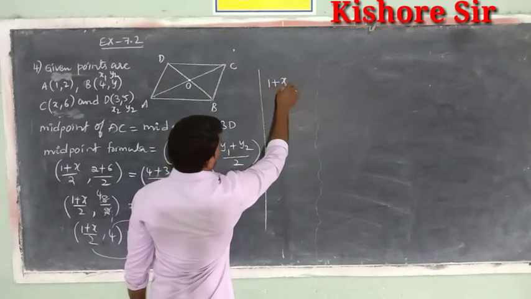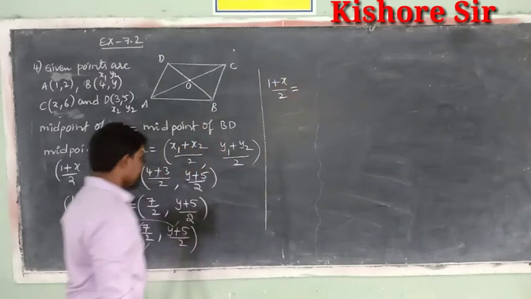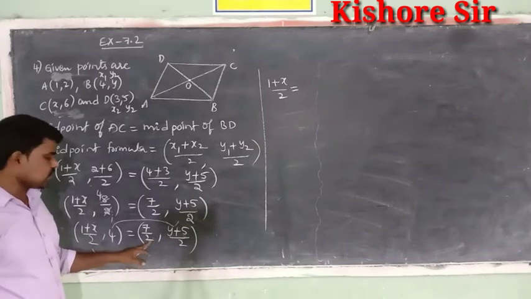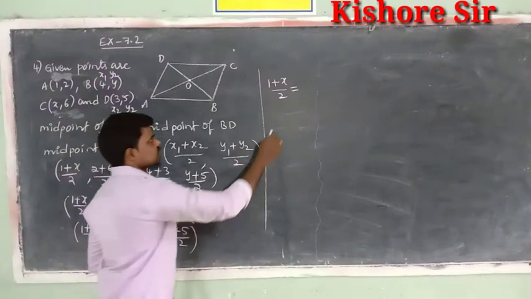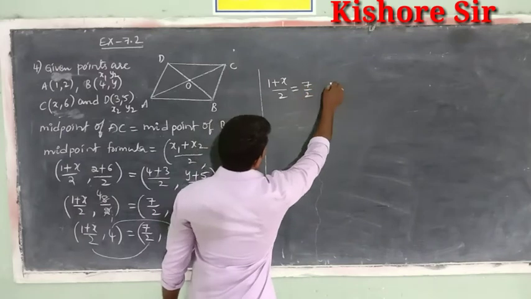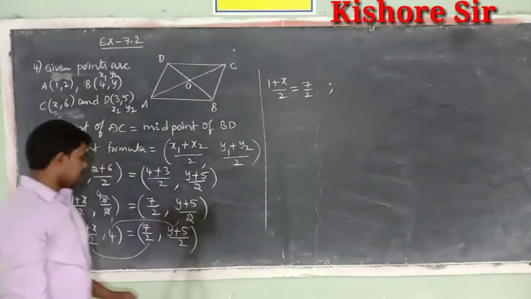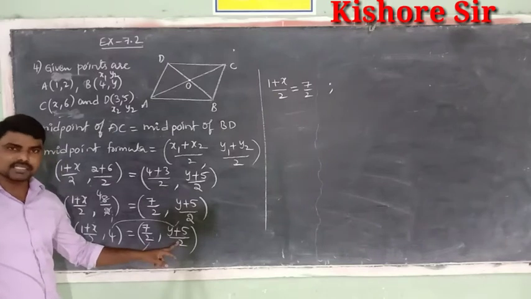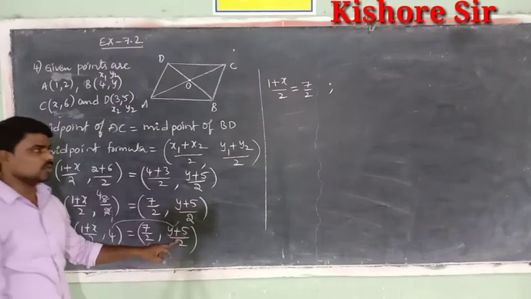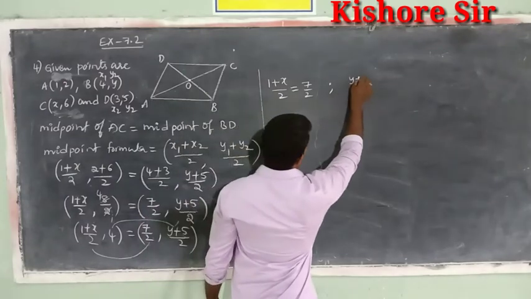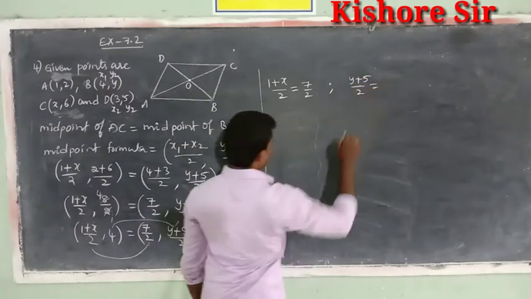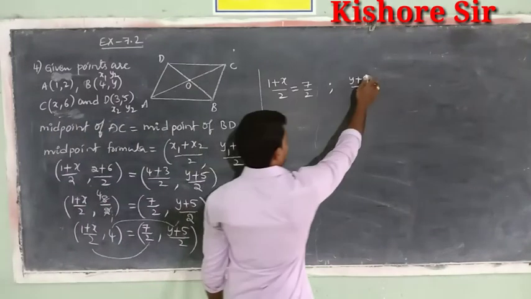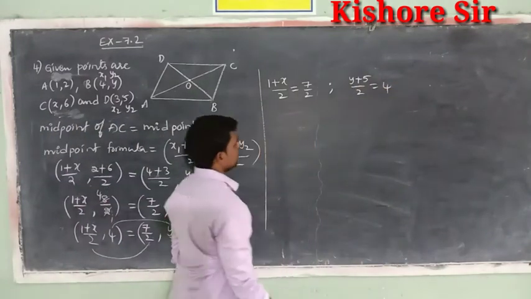In RHS, the x coordinate is 7 by 2. Similarly, y coordinate is equal to y coordinate. In RHS, the y coordinate is (y plus 5) by 2, which is equal to, in LHS, the y coordinate 4. So (y plus 5) by 2 is equal to 4.